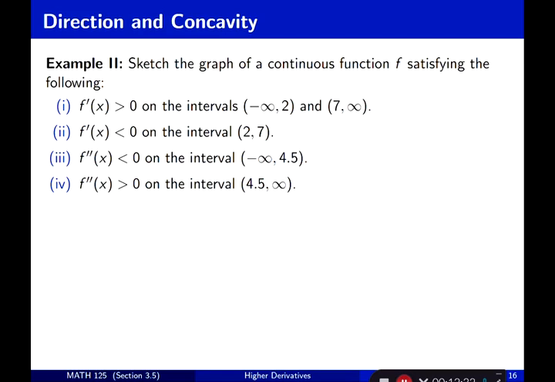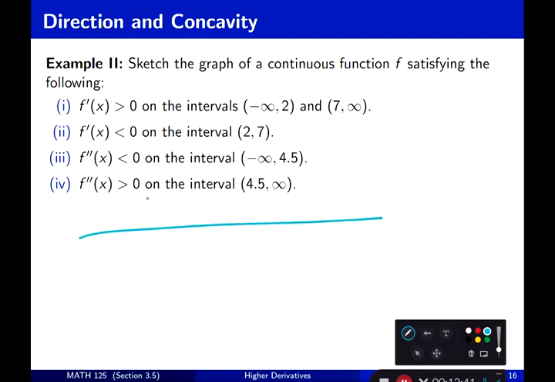So now it's time to put all the data that we have about the function together. So the important points are 2 and 7 and 4.5.